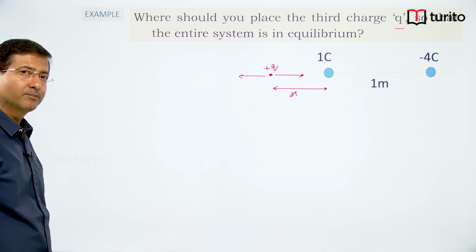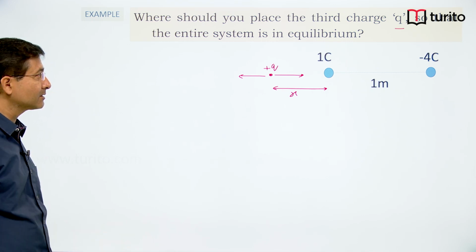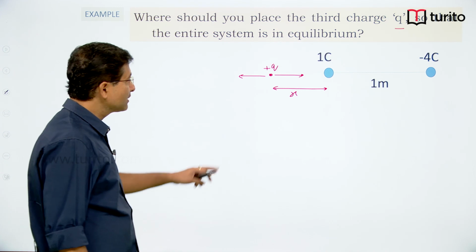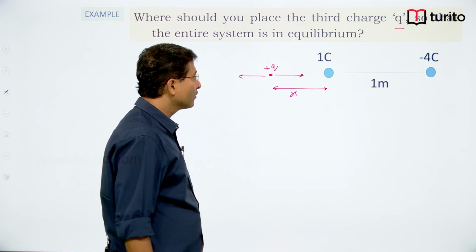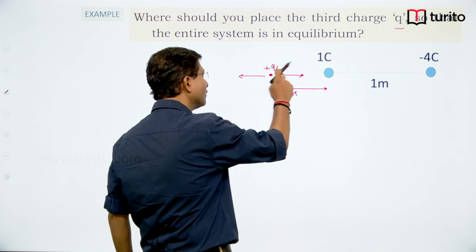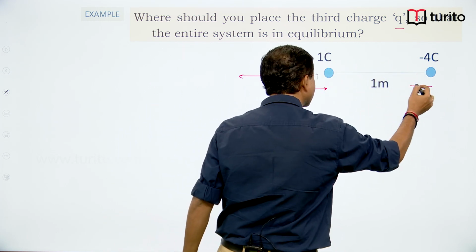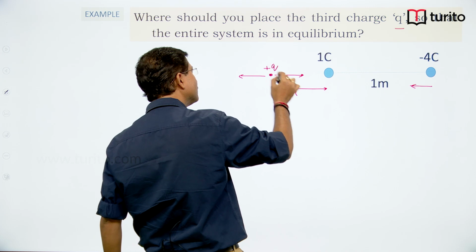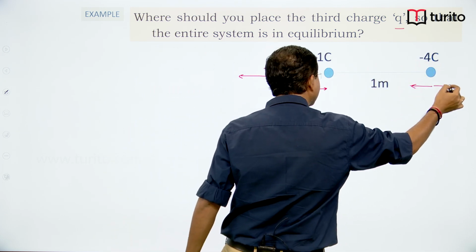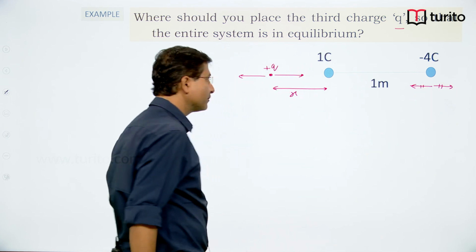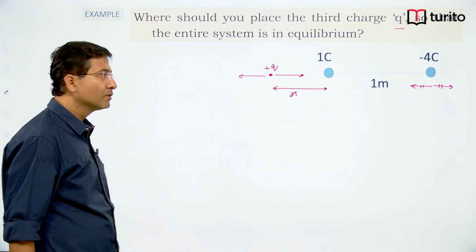Let us see the free body diagram of any other charged particle to decide the sign of this charge. Now, this plus q will attract this negative charge, and this charge will repel this charge. This can be in equilibrium, no issue.